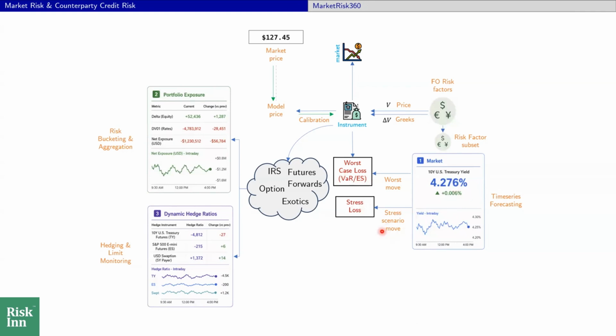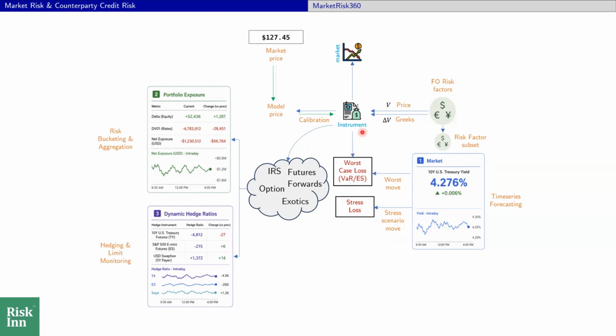And there are other types of curated scenarios which are not specific to the current regime as such, but are hypothetical, where we break the norm and just postulate that if this kind of a stress scenario happens, for example, a US-Iran war or Russia-Ukraine war or another COVID type of situation, an oil crisis, any kind of stress scenario, then what is the stress loss on the portfolio, right?